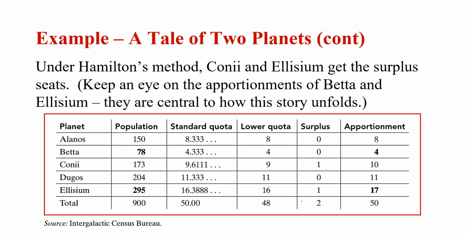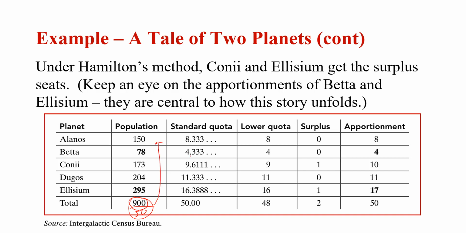So under the Hamiltonian method, here it is, all these different interesting pieces here. So let's see, we get this. That's the total population. All right, we divide by 50. So 150 divided by 50, or divisor, whatever this is, right?